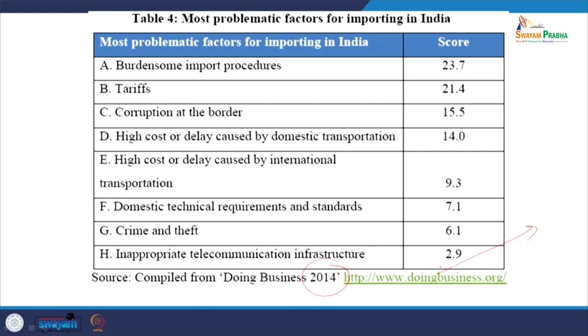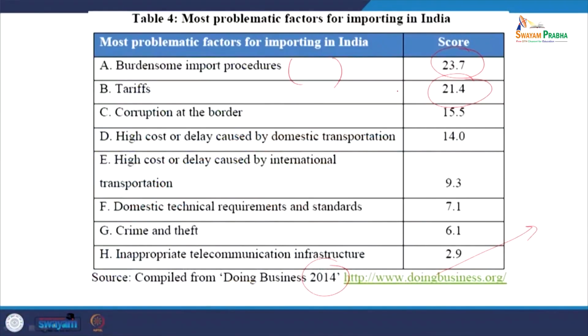So far as burdensome import procedures are concerned, there are various procedures to import a product, many documentations to be done. I will talk about in my succeeding slides how many documents are required to export as well as import. Among the score, import procedures are very complicated.